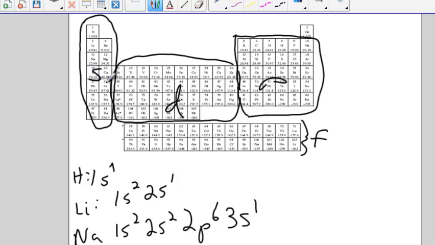Here I'm at the 4s. 1, 2, 3, 4s. Now the d's. D's, remember, start at 3. So even though this is the 4s, this is the 3d. This one here is the 4p.